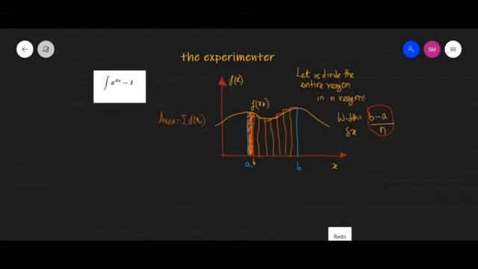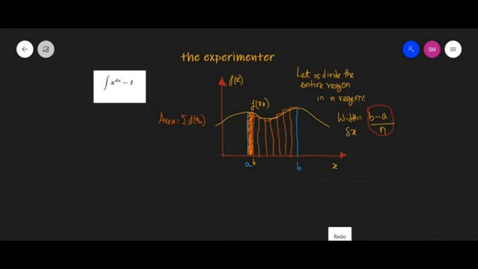Let us take an arbitrary point xk, and the value of the function at that point is f of xk. So the kth rectangle has area f of xk into del x.